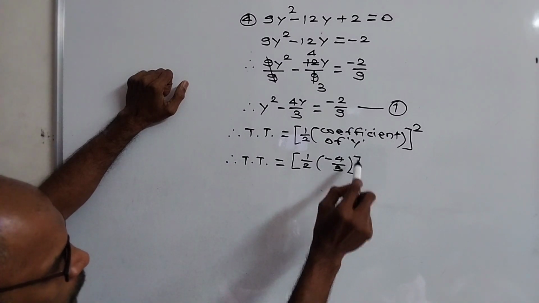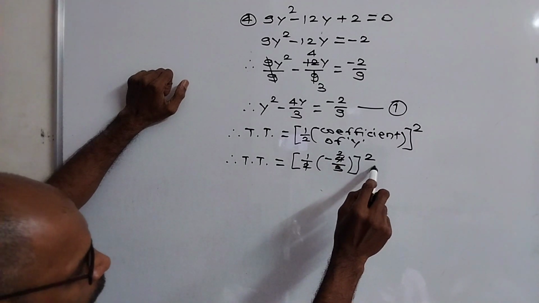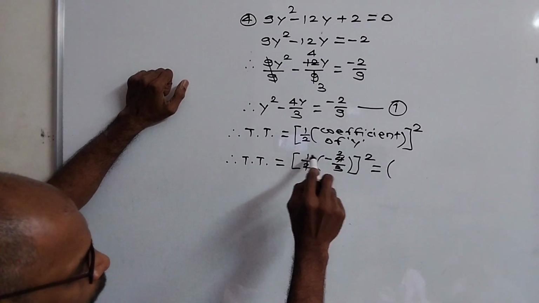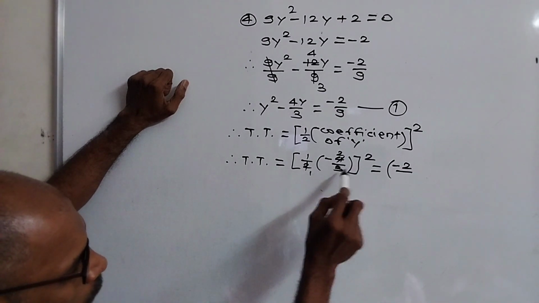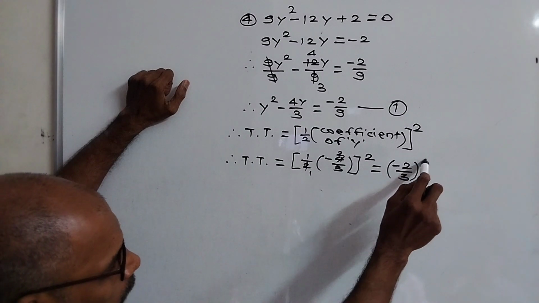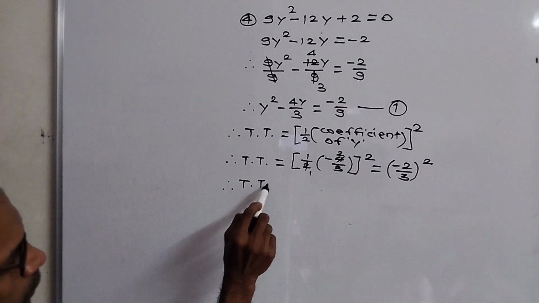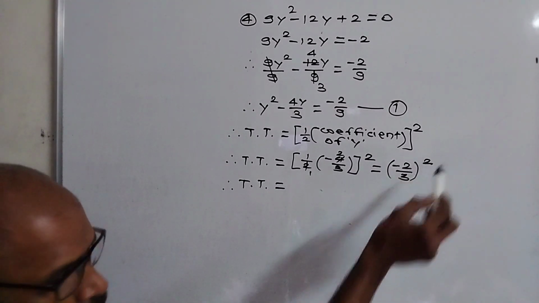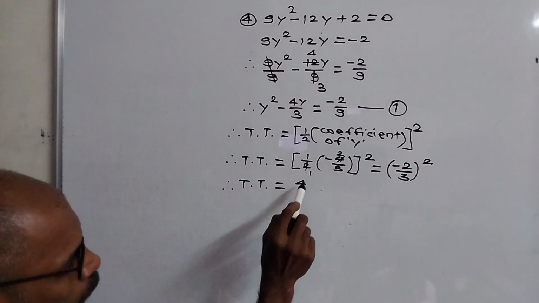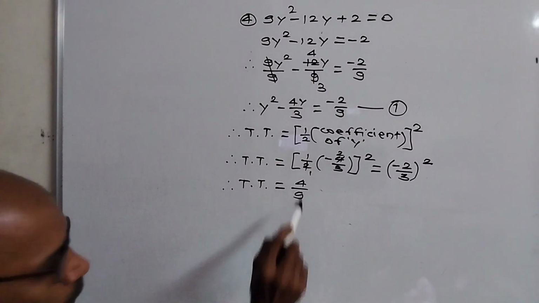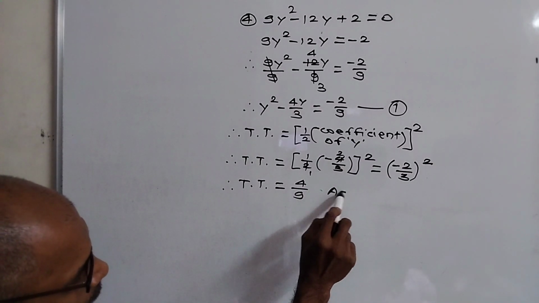This is the coefficient of y, bracket square. 2 1s are 2, 2 2s are. Therefore 1 into minus 2, minus 2 upon, here also 1 into 3, 3, bracket square. Therefore third term is equal to minus into minus, plus 2 square 4, and 3 square that is 9.